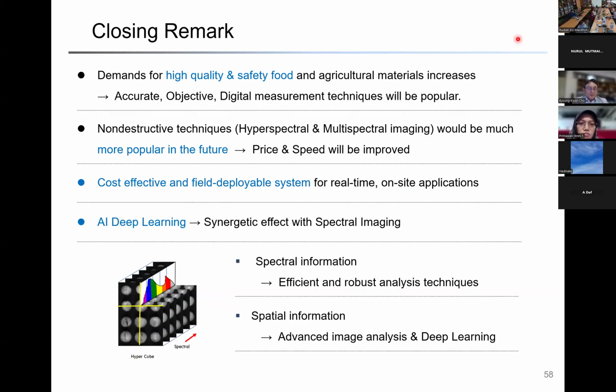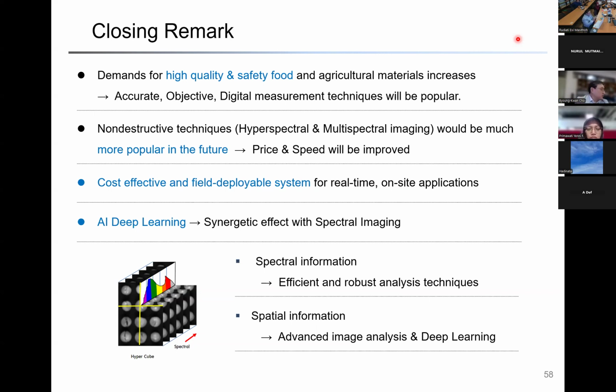Okay. As you told me, the temperature is more stable in Indonesia, much better than Korea. But when you measure hyperspectral images, you always have to calibrate your images using a reflectance pattern. Regardless of the temperature condition, you have to calibrate your system.